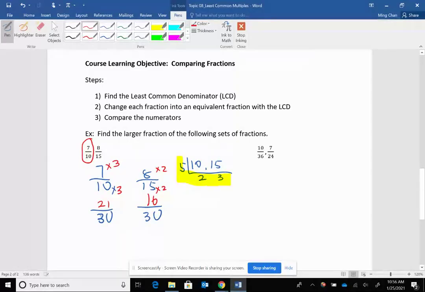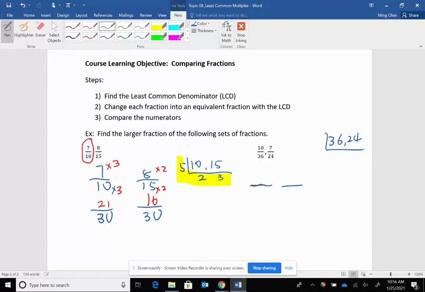All right, so let's try between 36 and 24 as denominators. So 36, 24. One number can go into both of them. I can use 2, I can use 3. I'm going to use 6, right? Because if 2 can go into it and 3 can go into it, that means 6 can go into it.